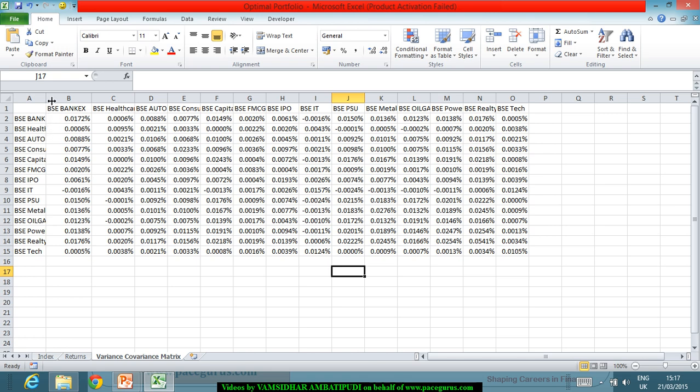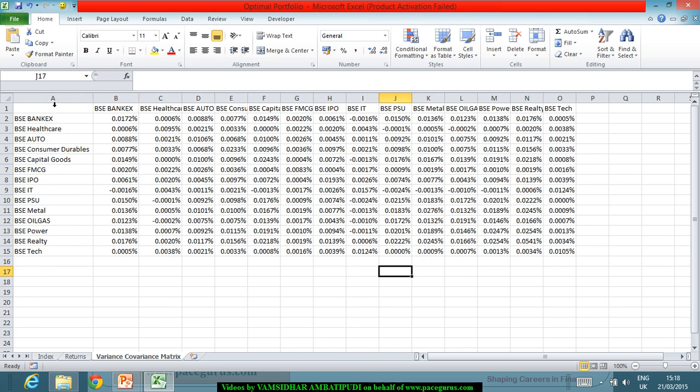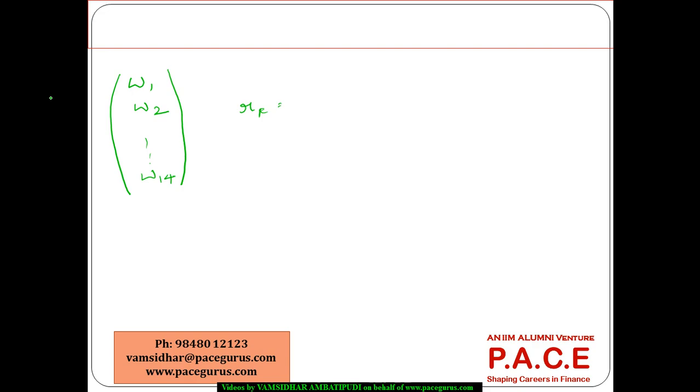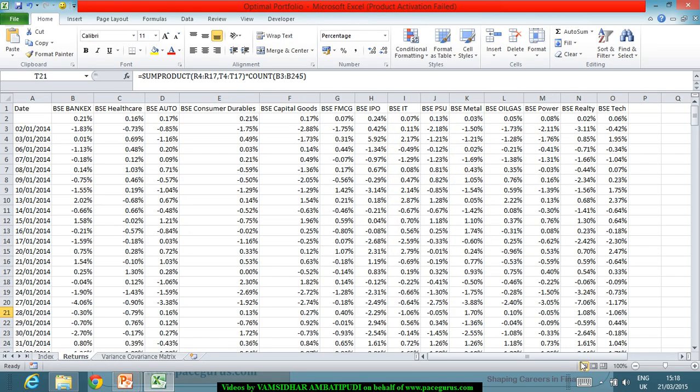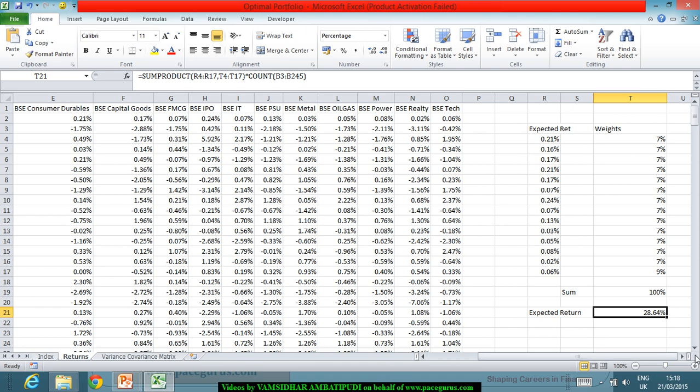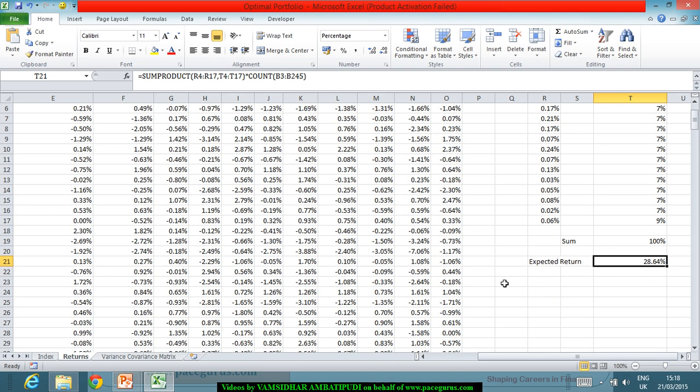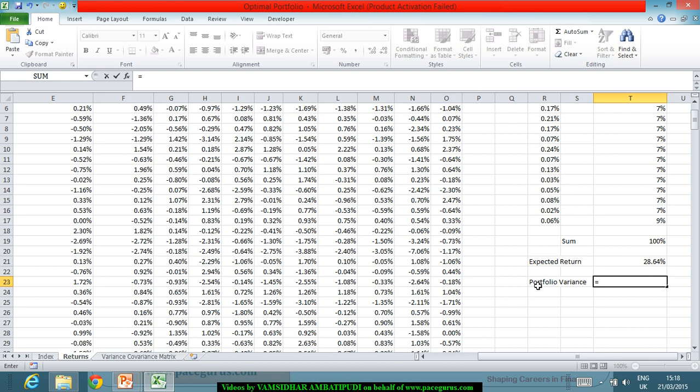Now that I have got the variance covariance matrix, how do I find out the portfolio variance here? If I have to compute the portfolio variance, all I am looking at is whatever the weightage that we have.